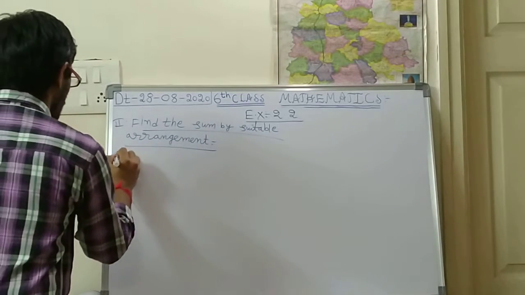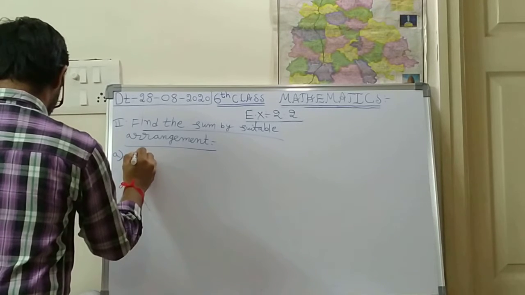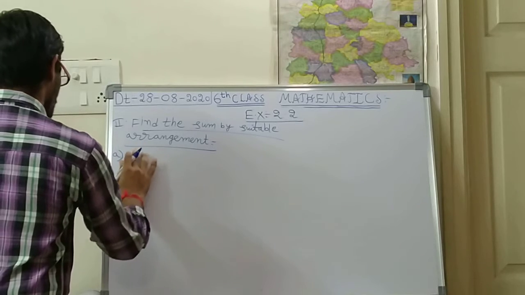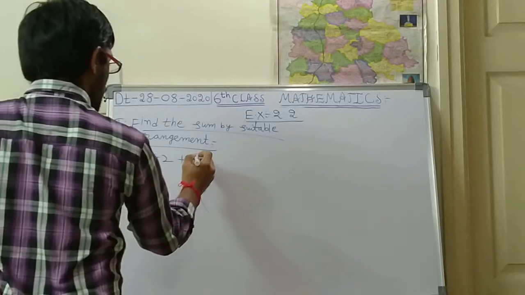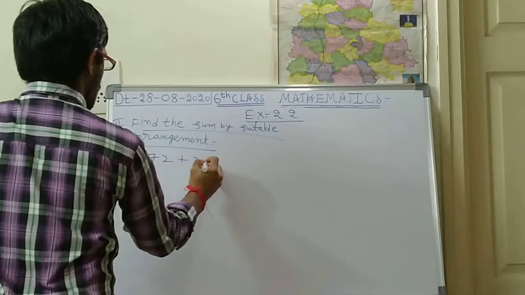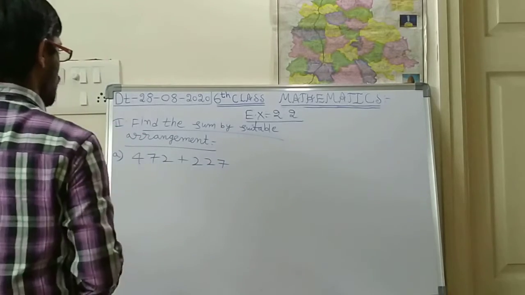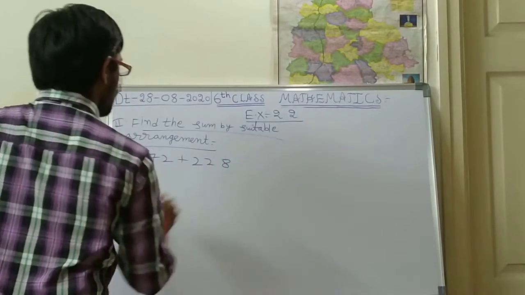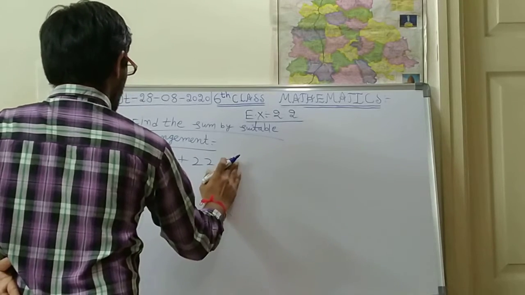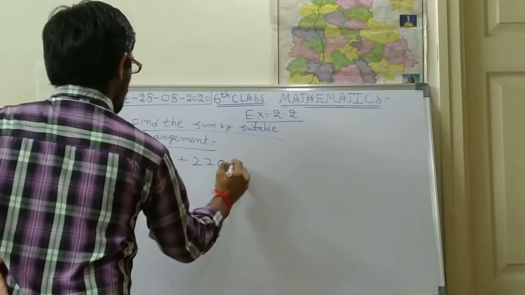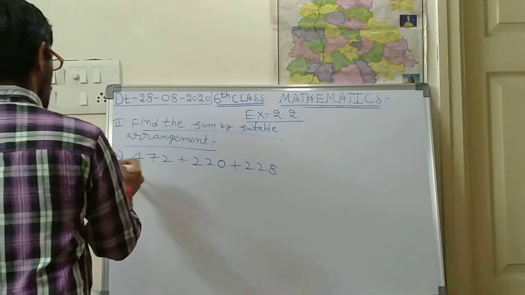First one: 472 plus 227 plus 228 plus 220 plus 228. Okay, this is the first one.